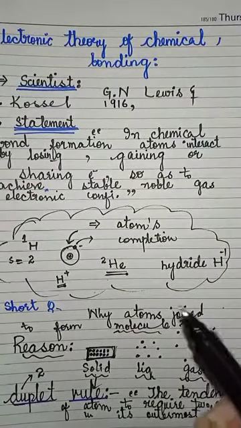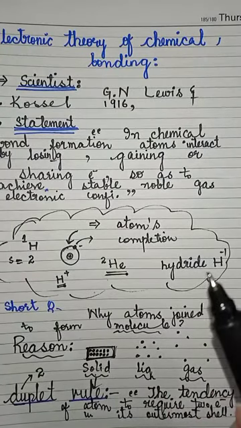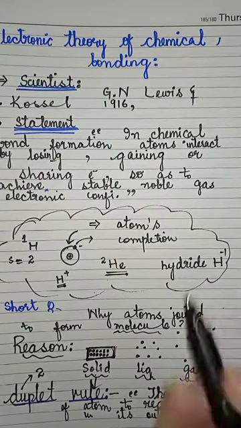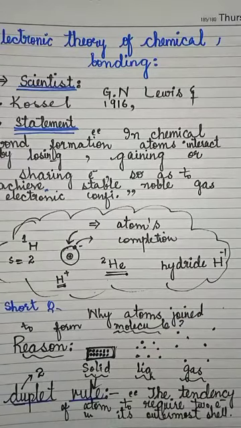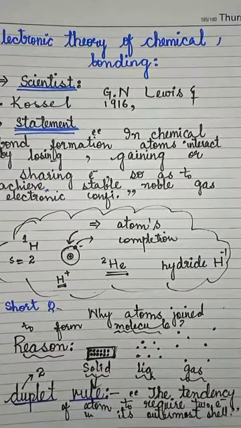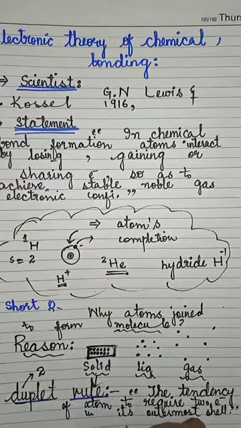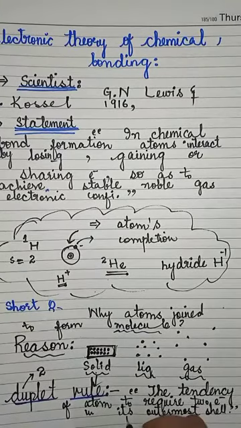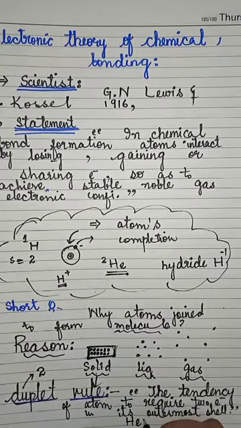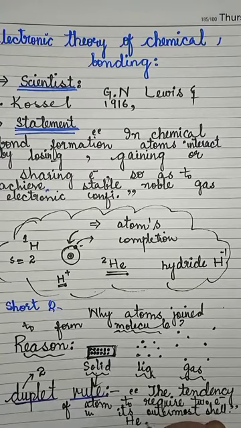Because my pointer's tip is not very good, that's why I'm writing like this. Okay, the examples are helium, you can write it as, or hydrogen.